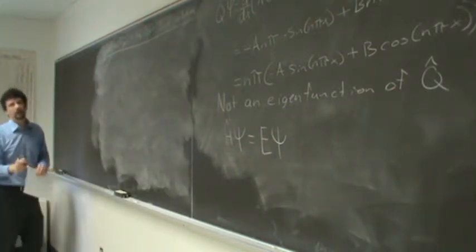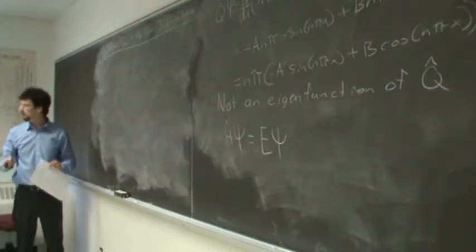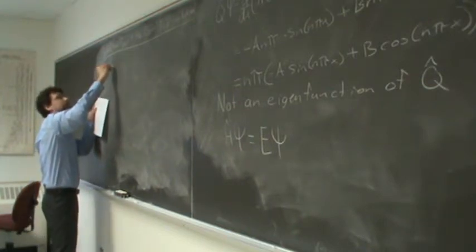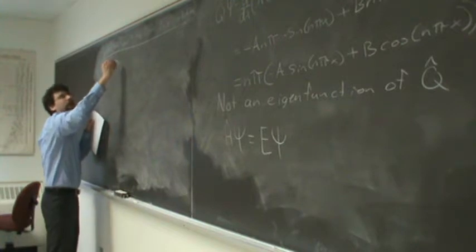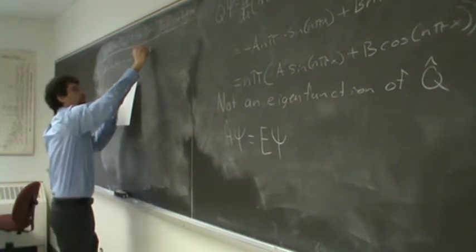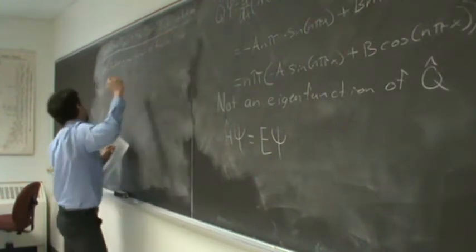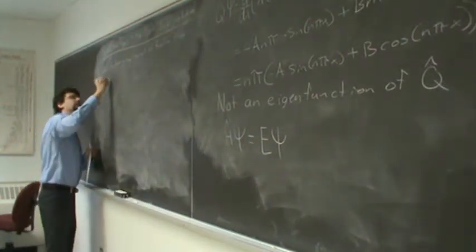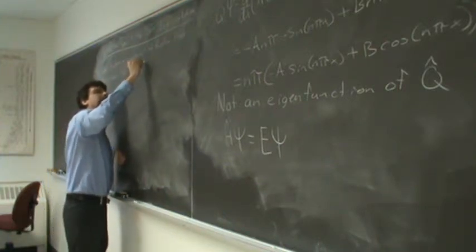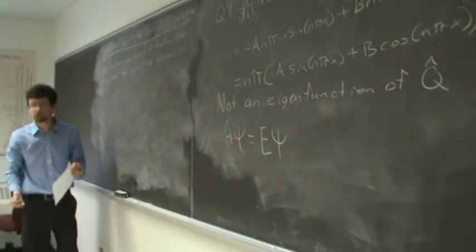Okay. So what a wave function is, it's just a mathematical function to describe the wave-like behavior of an electron. It's purely theoretical. So a wave function is a mathematical function that describes wave-like behavior of a particle.